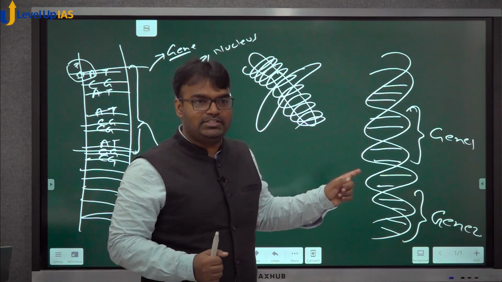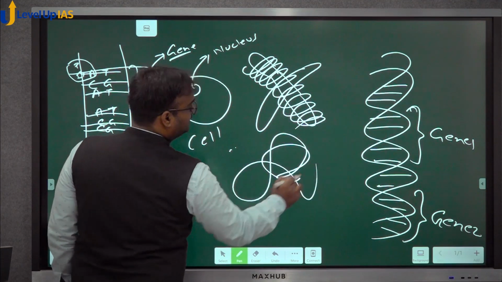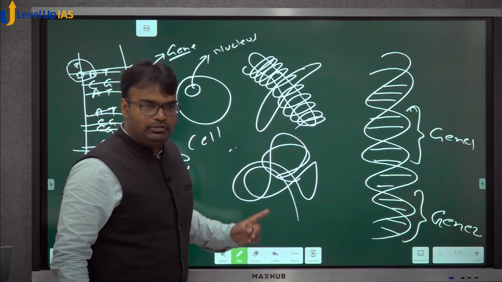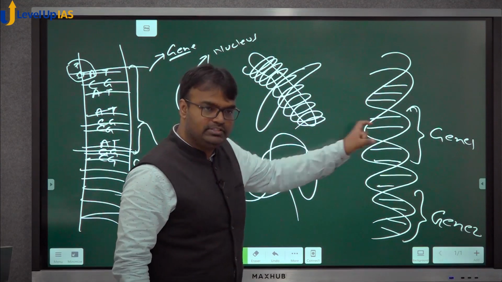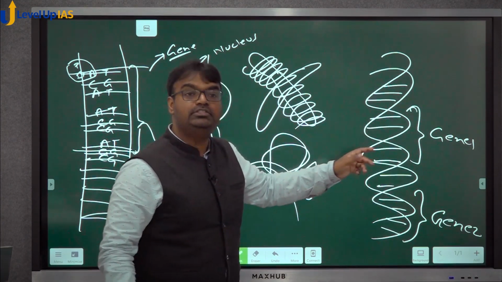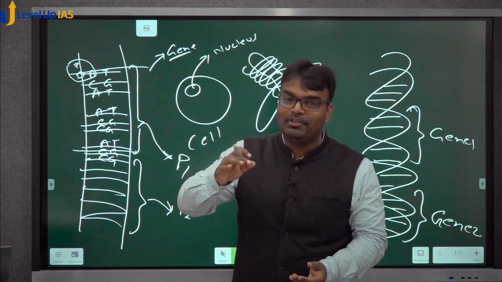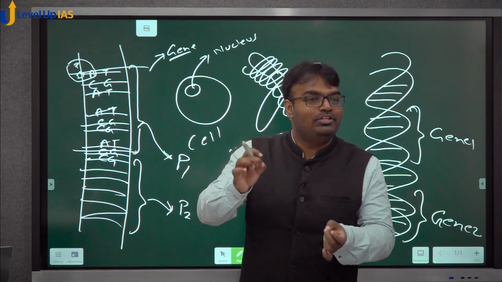Now, suppose human beings' DNA had a different structure, would it have been possible to insert this gene here? No. It's possible to insert this gene in our gene because our structure is also the same. Our genetic information is also stored in the form of DNA.